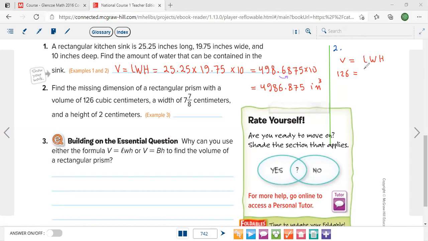So we leave L as L multiplied by 7 and 7 over 8 multiplied by 2. So we drop down that 126 equals length multiplied by 7 and 7 over 8.